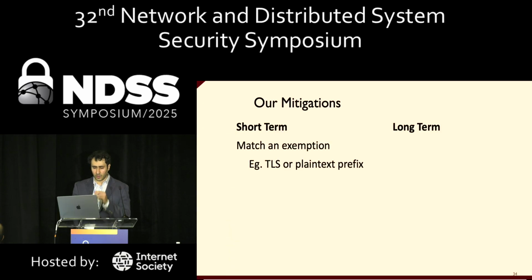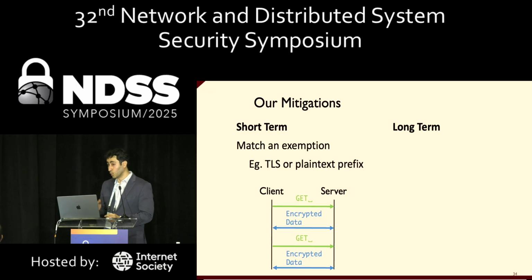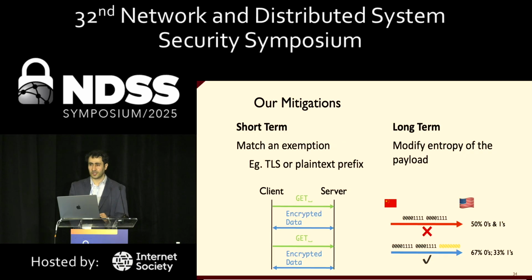For example, I told you one of these exemption rules was about looking for signatures of TLS and HTTP. So one of our circumvention mechanisms was to append a signature of HTTP or TLS at the beginning of Shadowsocks connections. And the other countermeasure we developed was based on reducing the entropy of packets, just adding a little bit of characters to the traffic.